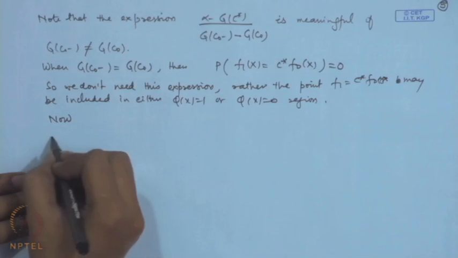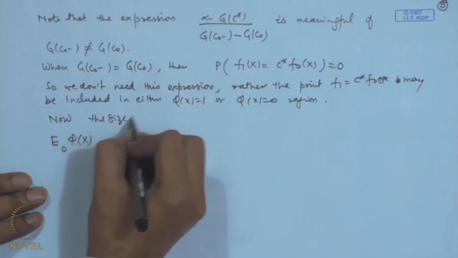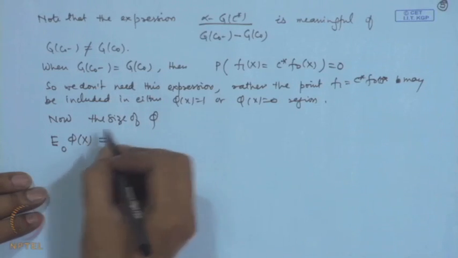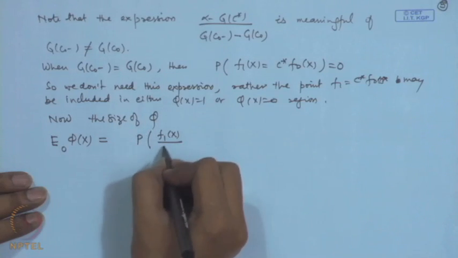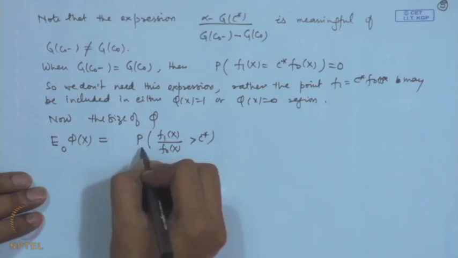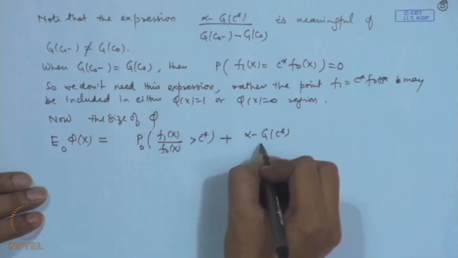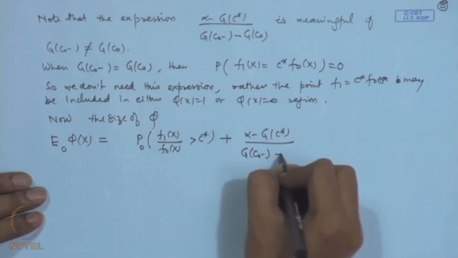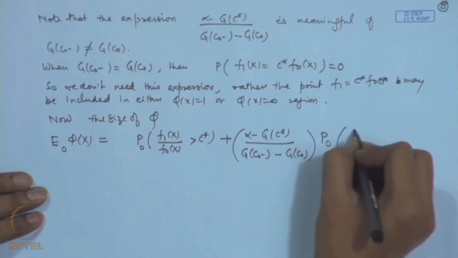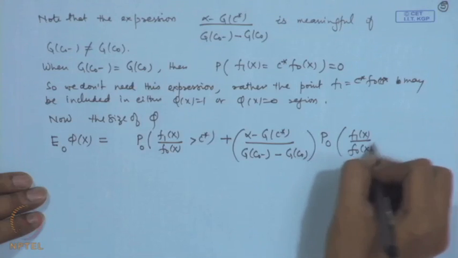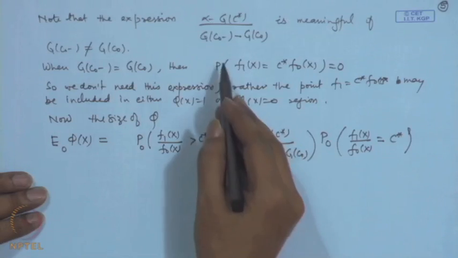Now, let us consider the size of the test, that is expectation of phi x. So, this is equal to probability of f 1 x by f naught x greater than c star under h naught plus alpha minus g c star divided by g c naught minus g c naught p naught f 1 x by f naught x is equal to c star plus other portion will be 0.